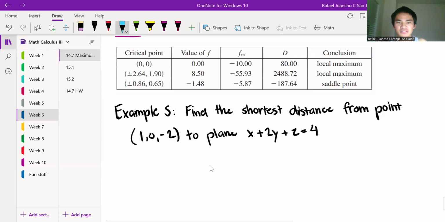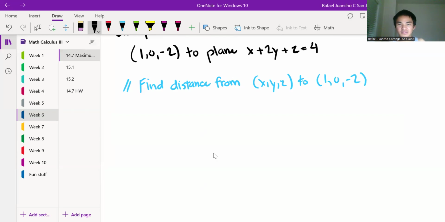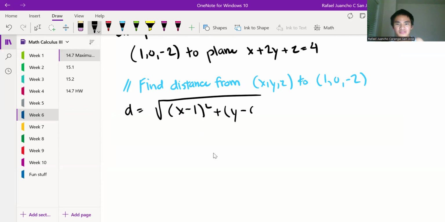So here's the steps. So find the distance from x, y, z to 1, 0, -2. That's the first step. So d, distance formula, x minus 1 squared, y minus 0 squared.